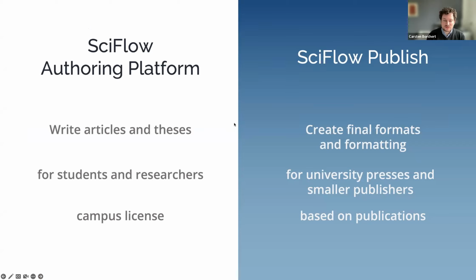The authoring platform is licensed with a campus license because you need to have the researchers and students all have access to SciFlow. But then again, this model wouldn't work for publishers. So the pricing model for SciFlow Publish is based on the amount of publications.